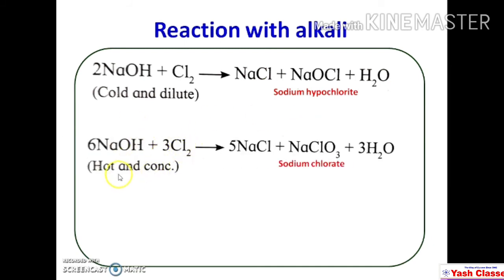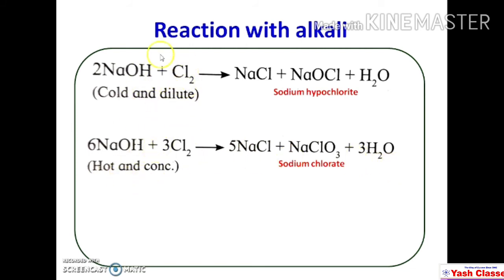When chlorine gas is passed through hot and concentrated sodium hydroxide, then there is a formation of sodium chlorate, NaClO3, as a major product. Simultaneously we get NaCl and water. So here two options are there.